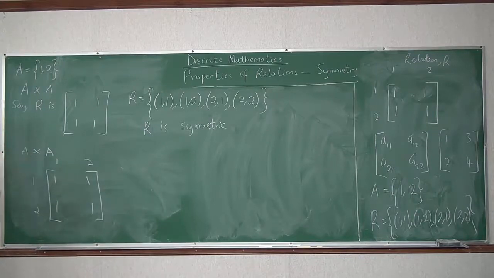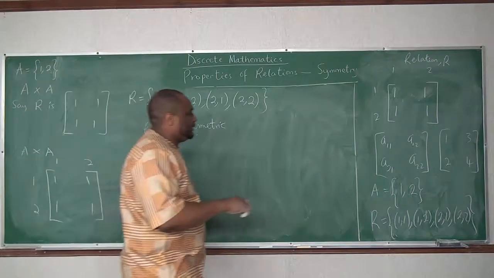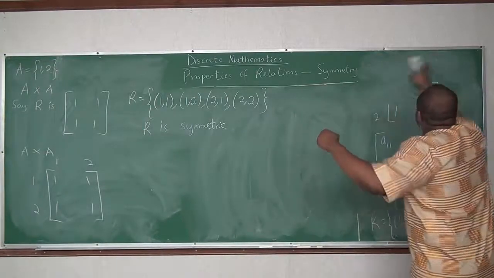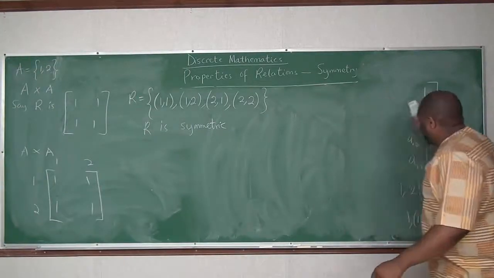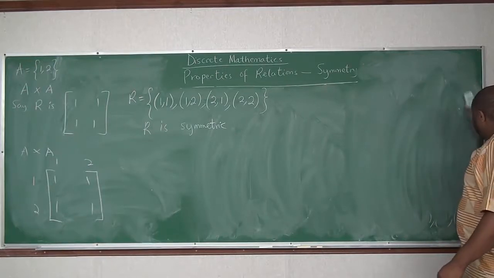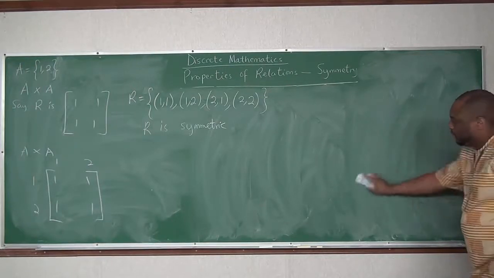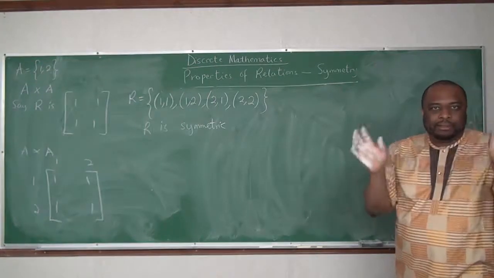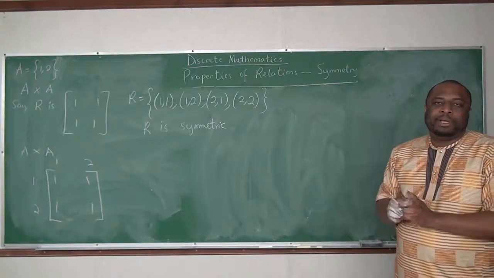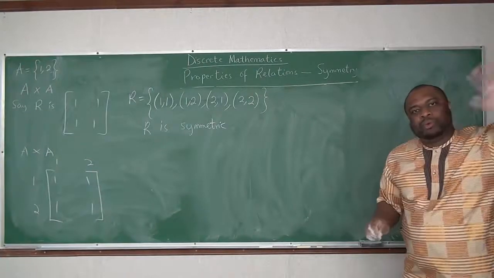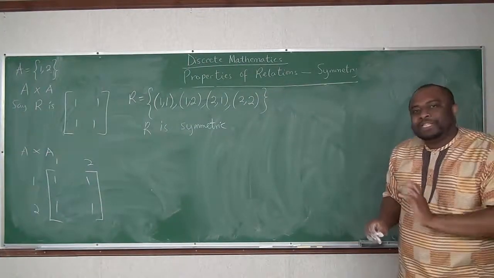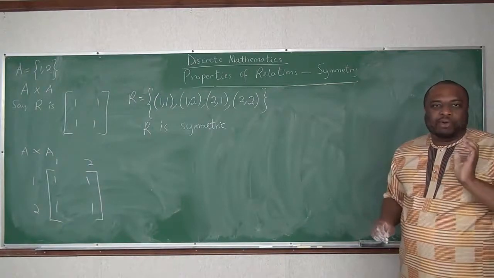Now, what if you have this? I want to show you how you know relations that are symmetric when they give them to you in matrix form. What we did was when they give it to you in sets. What if you represent the relation as a 0, 1 matrix?